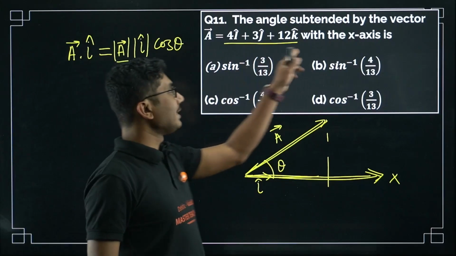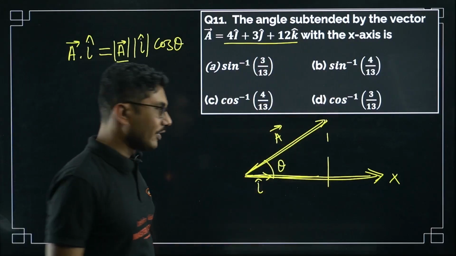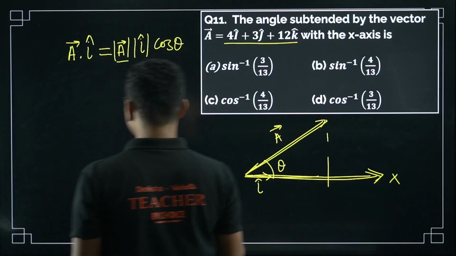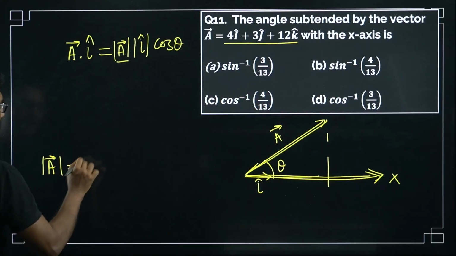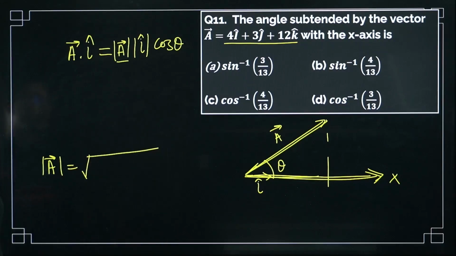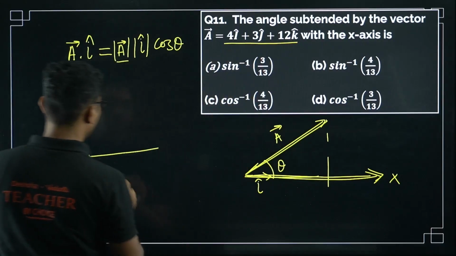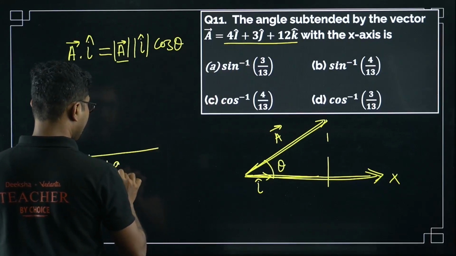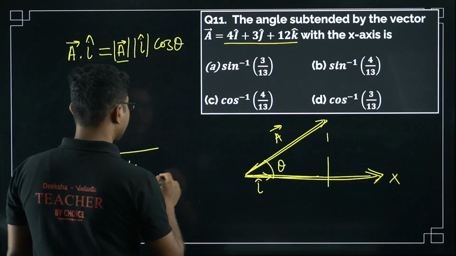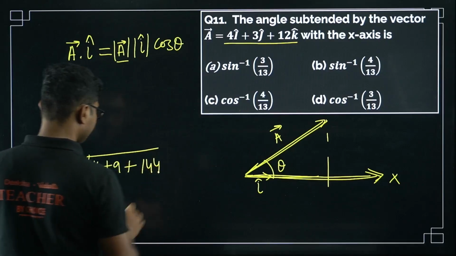Now what is the magnitude of A? So A is given in terms of coordinate vectors, right? So magnitude of A is nothing but square of individual terms. So 4 square 16 plus 3 square 9 plus 12 square 144.